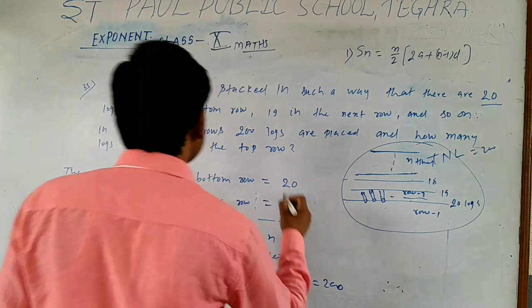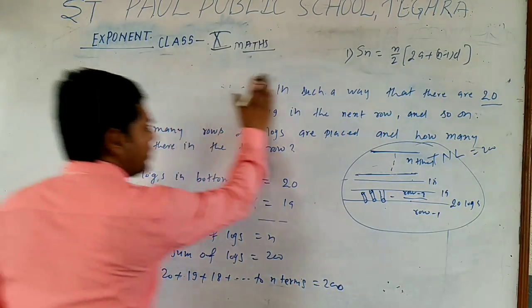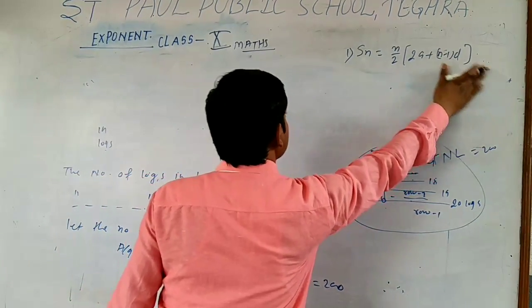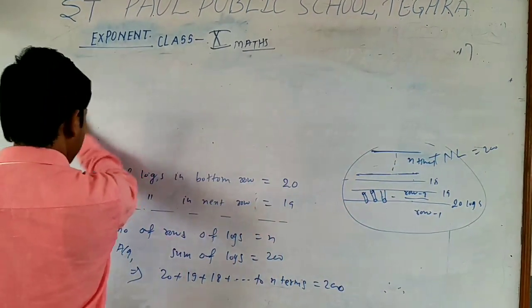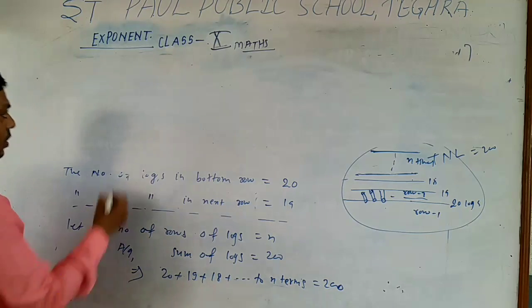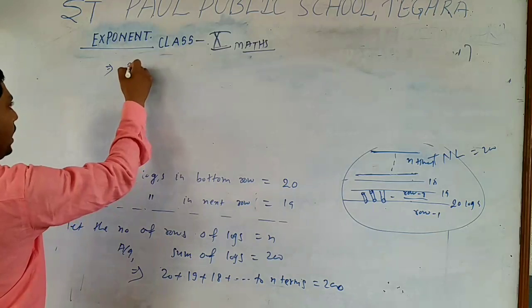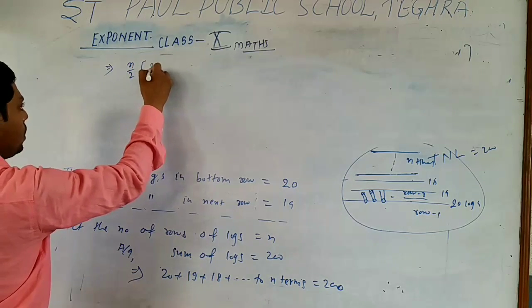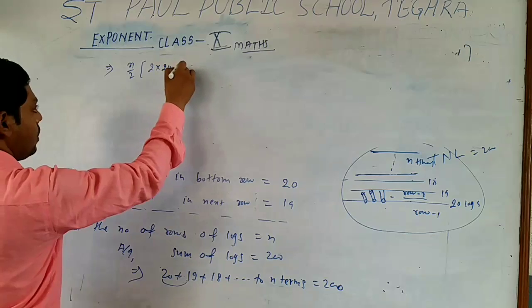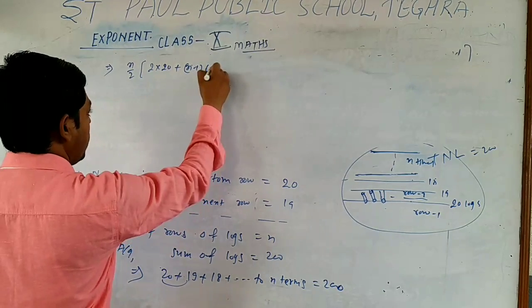By reading the question, we have the sum Sn equal to n by 2 into 2a plus n minus 1 into d.